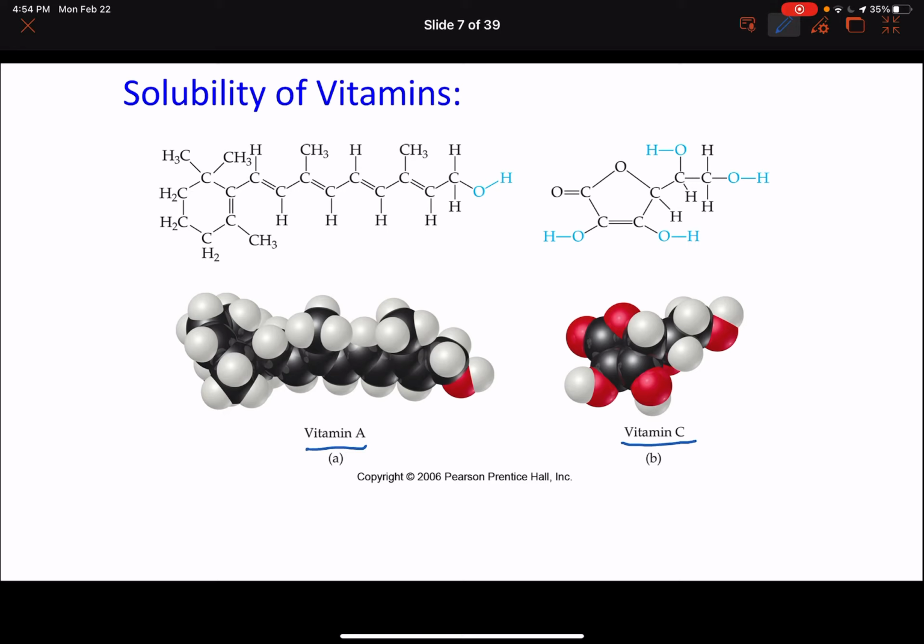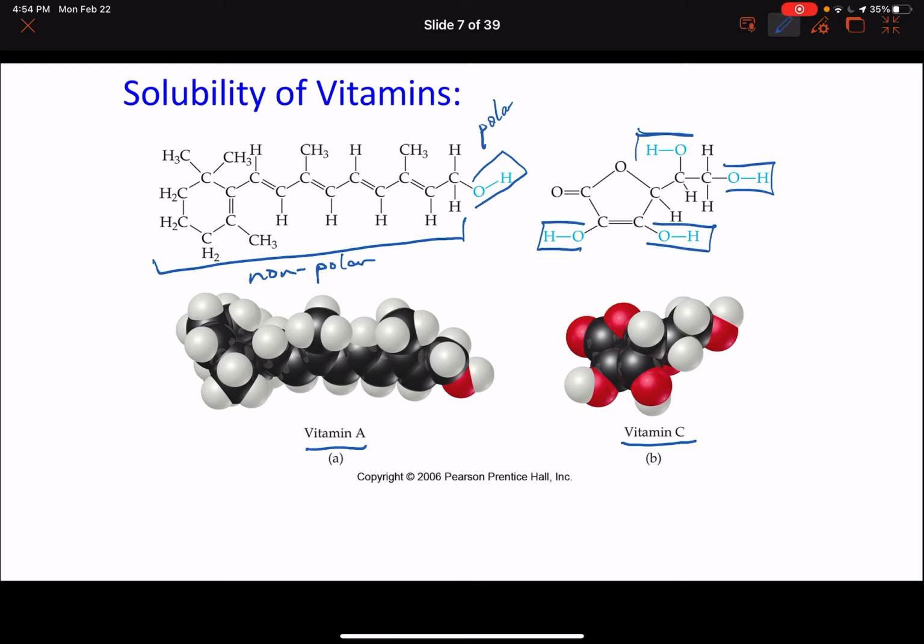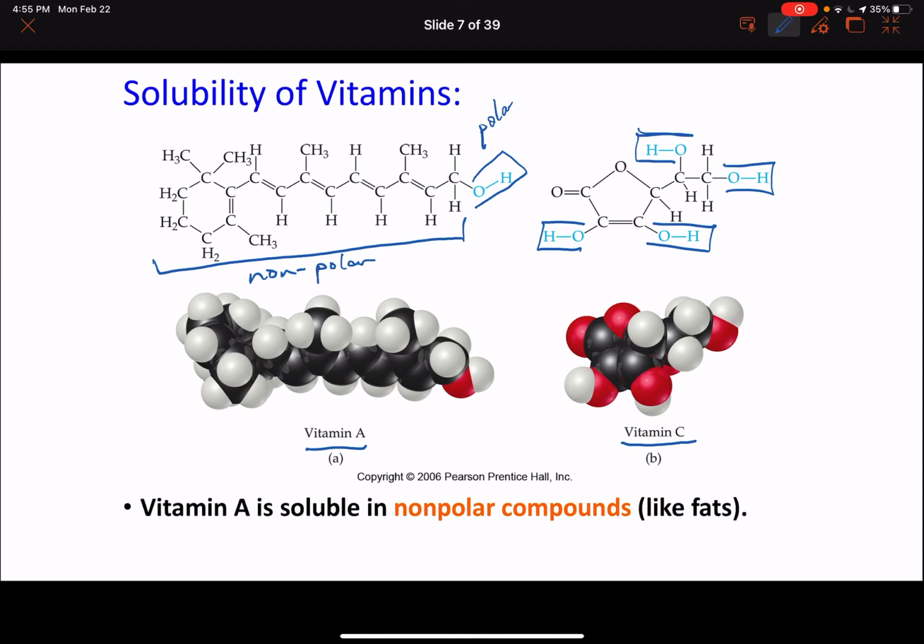You can see here that one is very CH rich, a lot of CH3, CH2, CH bonds, a lot of non-polar content in vitamin A, with one small polar alcohol group at the end. And the other, vitamin C, is very alcohol group rich and more muted in the CH content.